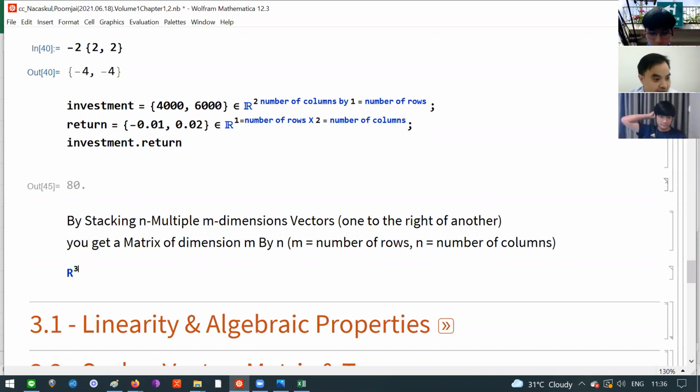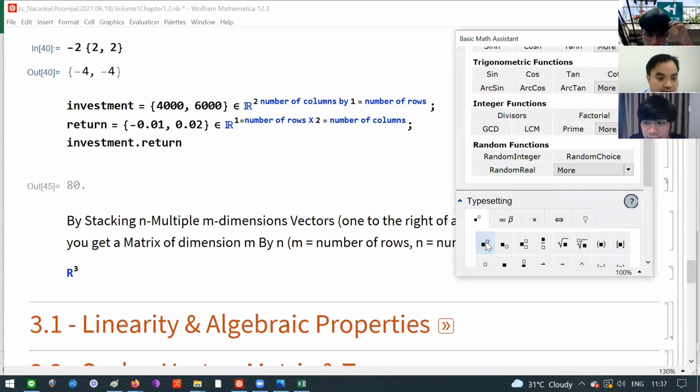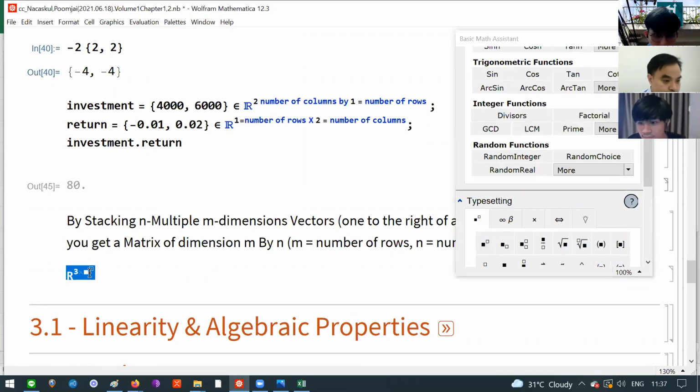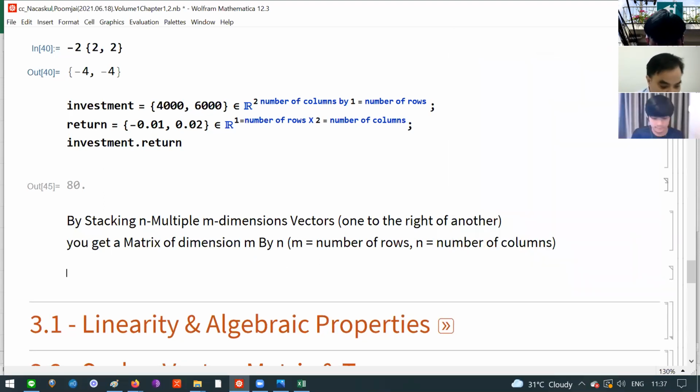That's a shortcut, the same thing as this thing. So the shortcut is control and the upper arrow.